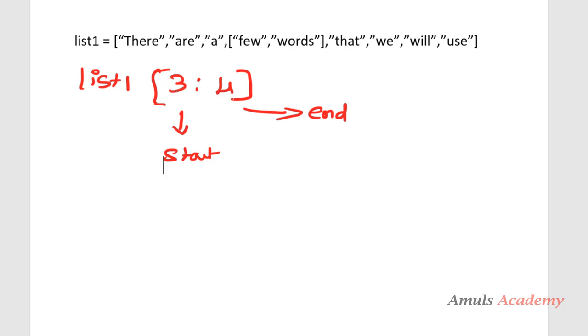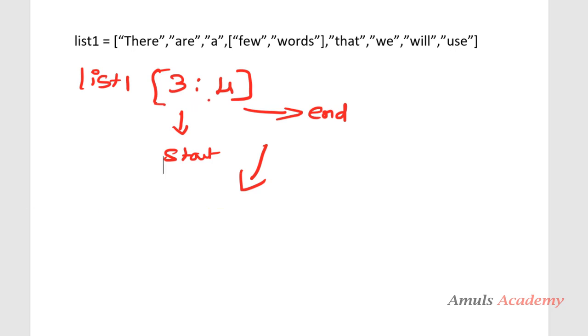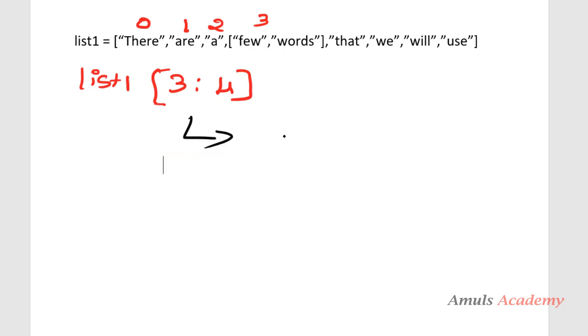As I said, 4 is exclusive, so this operation will return a list with the value present at the index 3. Because 4 is not included, it will start from 3 and it will end there itself. In the list we can see this is the 0th index, 1, 2, and this is the 3rd index, and in the 3rd index there is a list present. So this is the output for this statement.